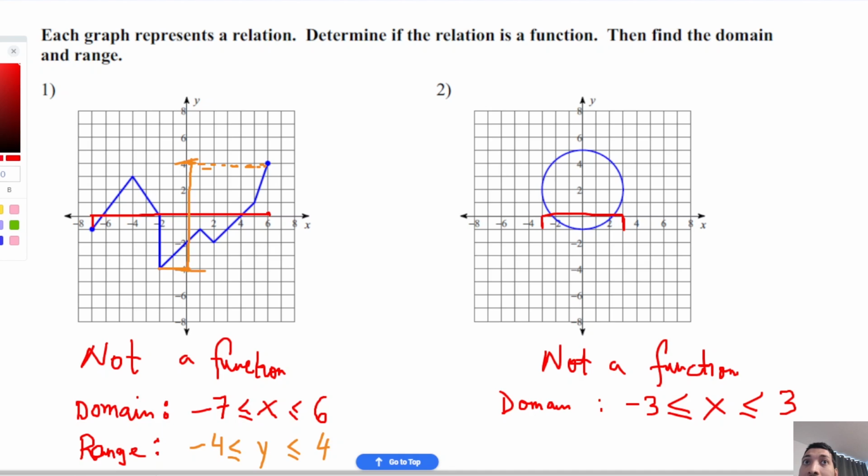Now on the y-axis, we can see that the lowest value on the y-axis is this -1 and it's going all the way to +5. So the range is -1 less than or equal to y less than or equal to +5. This is how we find the domain and range from the graph.